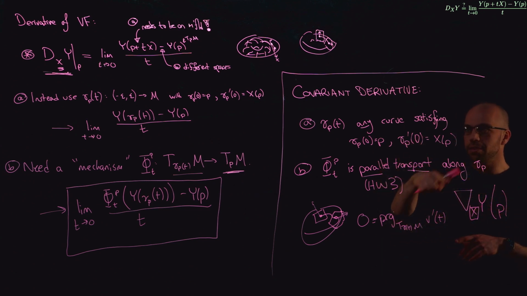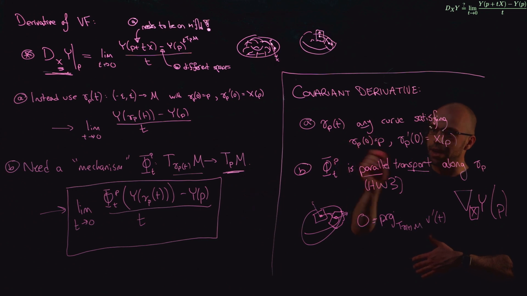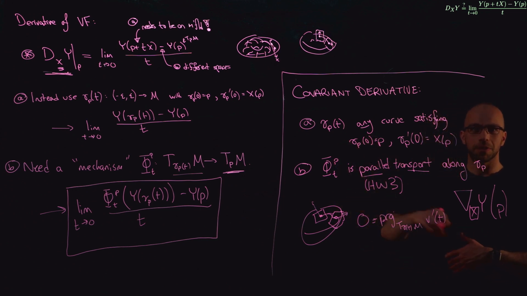But in this definition here, notice that all I really needed was x at that initial point so that I knew how to draw my curve gamma, and then I parallel transport stuff backward. So this is a big difference between the Lie and covariant derivative.